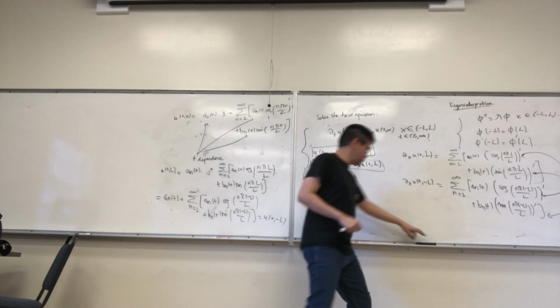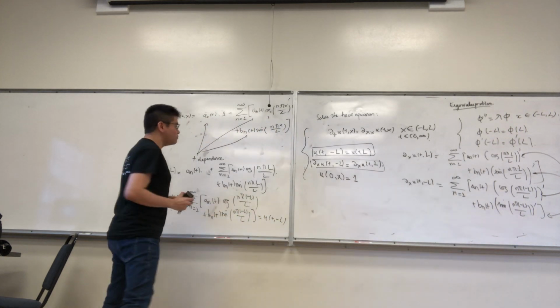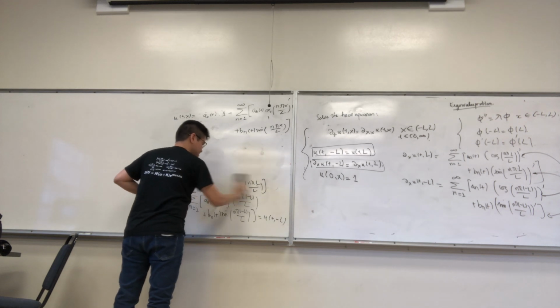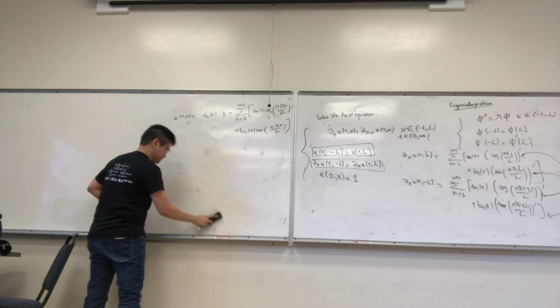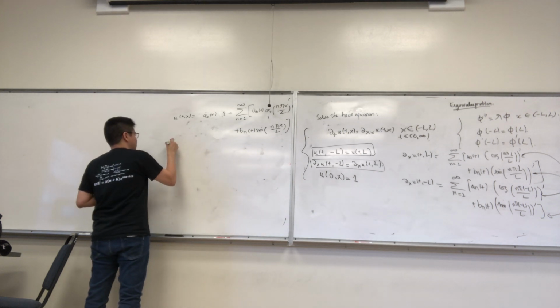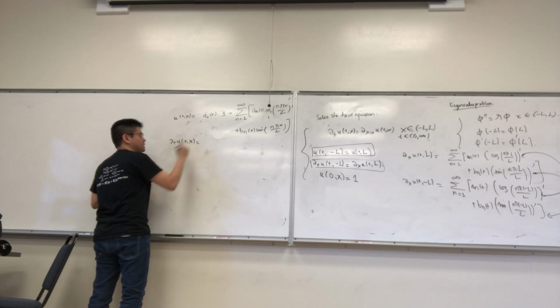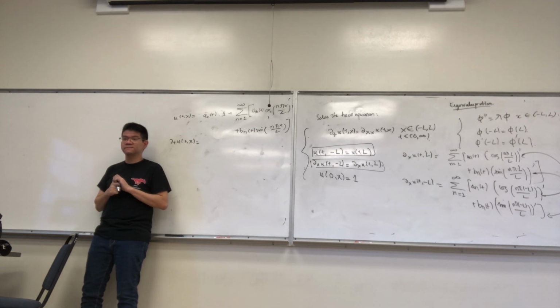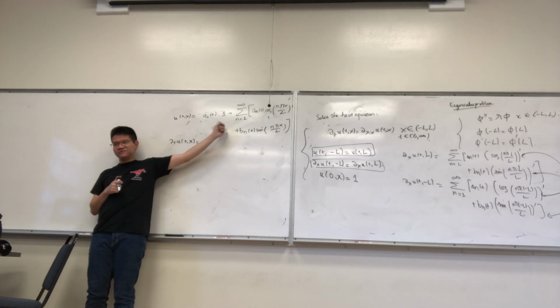Right. So now what I have to do is solve the equation. So what is the derivative in terms of u(t, x)? I just want to take the derivative of this series.